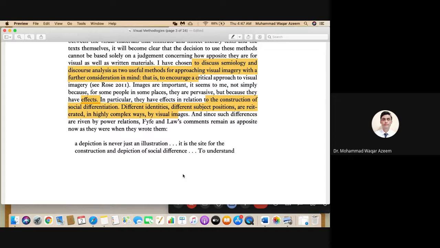But Gillian would argue that once we have seen an image, even if we pass on to the next set of images, the images continue to maintain their effect on our perspectives and on the way we look at the world, right? Now, the example of power relation or social differentiation is the one which is more common to our society.